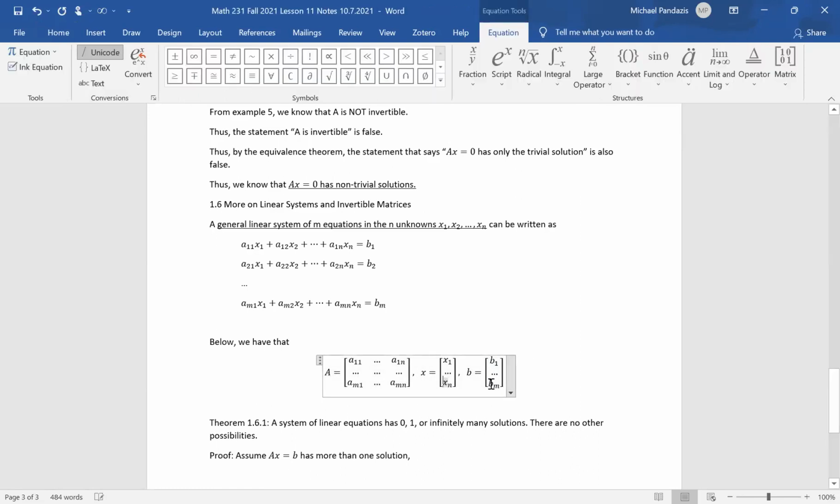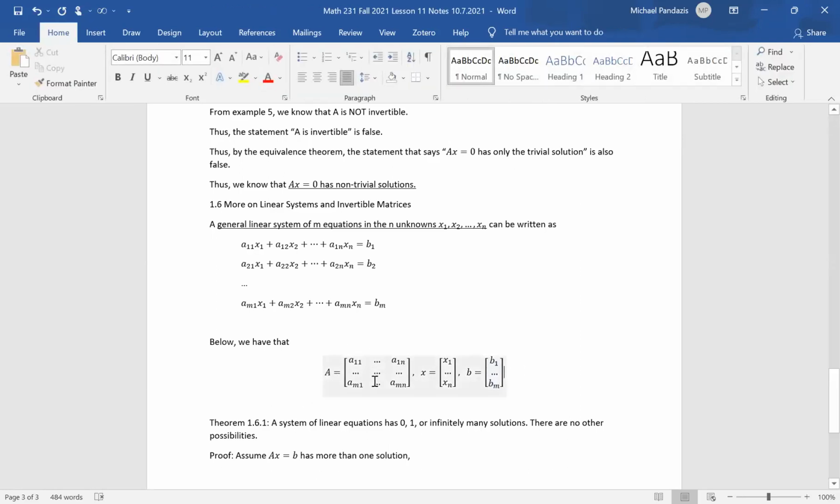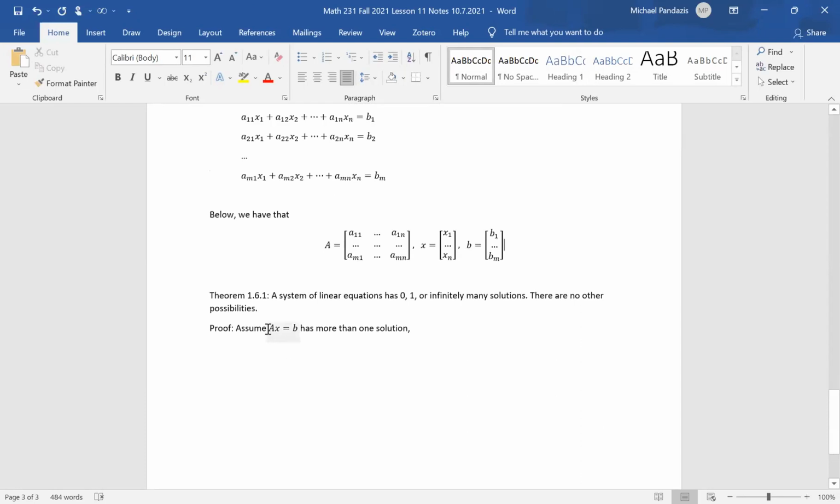There is an n here and an m there. The n is because there are n columns in the first matrix, but the m is because there are m rows. There are m rows and n columns, so you end up with this. So you have A, x, and b.